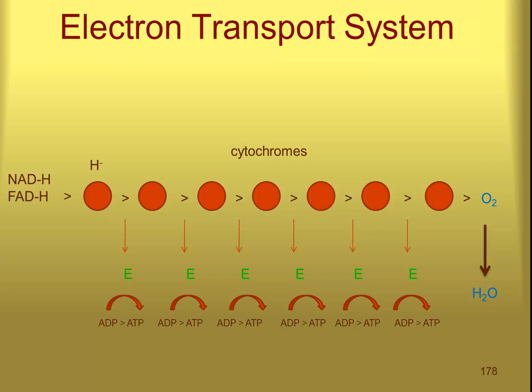Water is referred to as a low energy compound because its electrons occupy primarily low energy orbitals. Glucose, what we started this whole metabolic process with, is considered a high energy compound because its electrons occupy high energy orbitals.